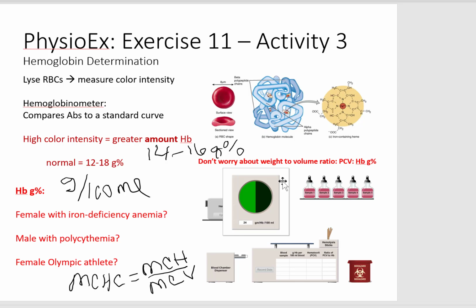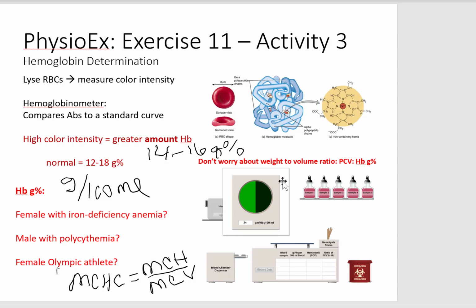Mean corpuscular hemoglobin mass, the amount of hemoglobin in a single red blood cell, divided by the volume of a single red blood cell, gave us a ratio, a percentage, called mean corpuscular hemoglobin concentration.